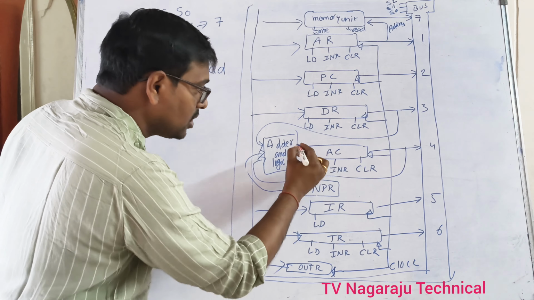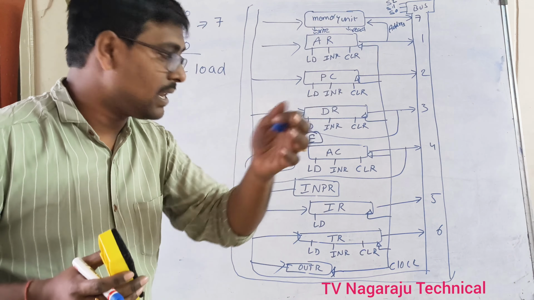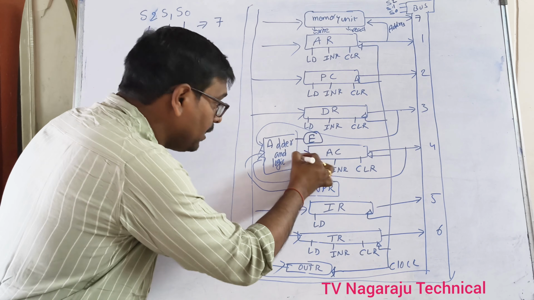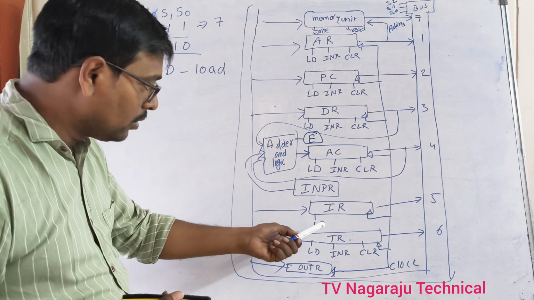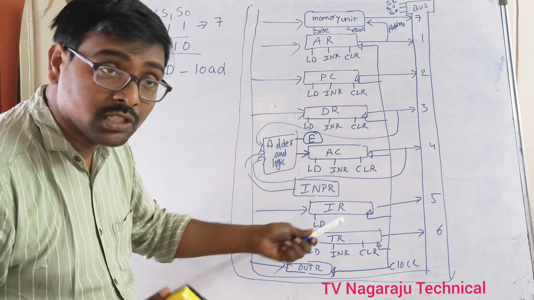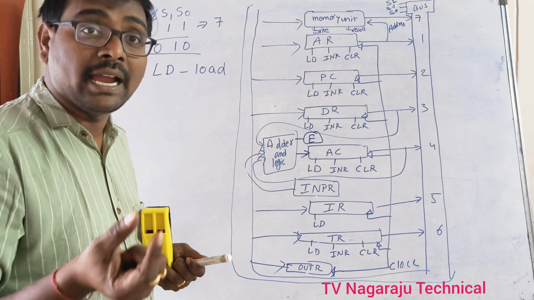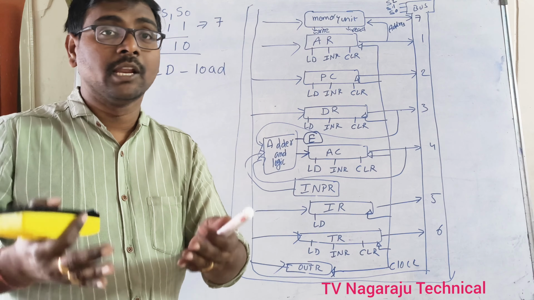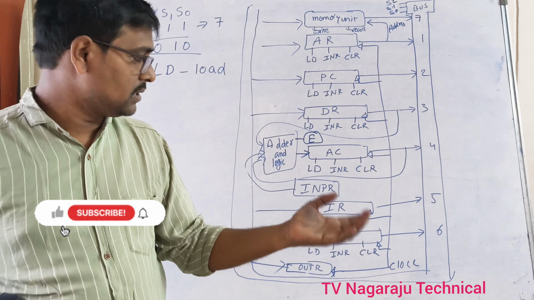And if any additional carry is there, the enable bit is used for the carry, and the result is copied into AC. The result is copied into AC. And the temporary register is used if you want to store temporarily. The instruction register loads the instruction only when the load is active. It does not need any increment, and it does not clear. If the next instruction is loaded, automatically we lose the previous instruction.